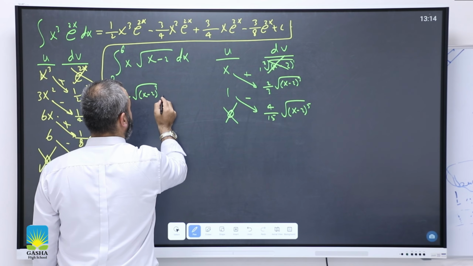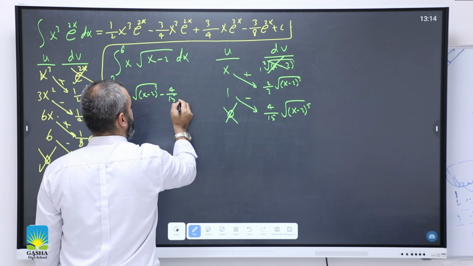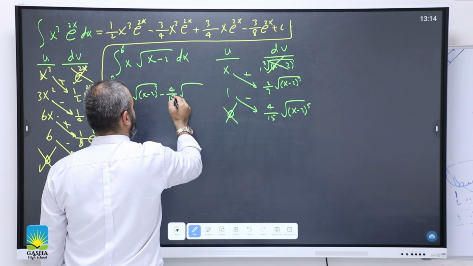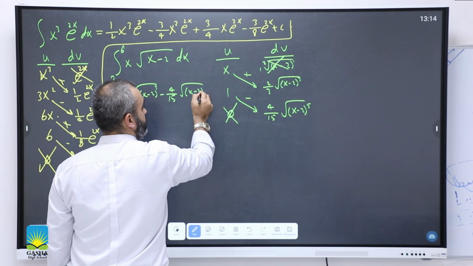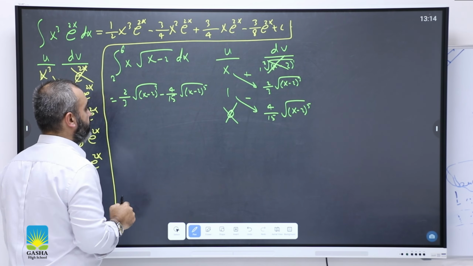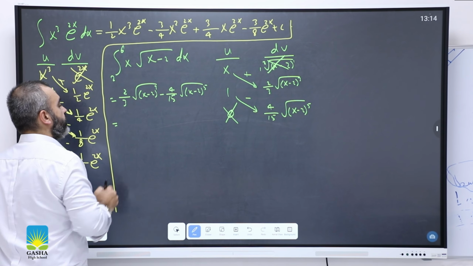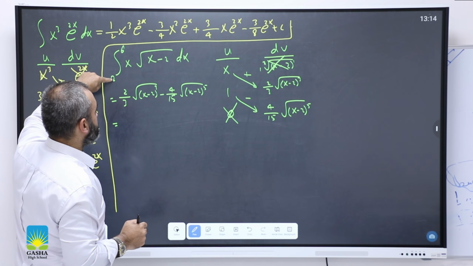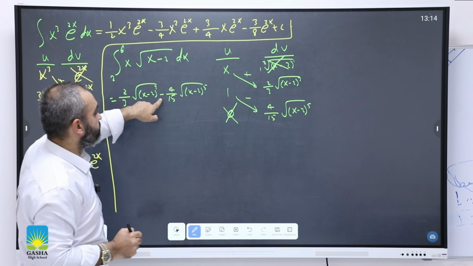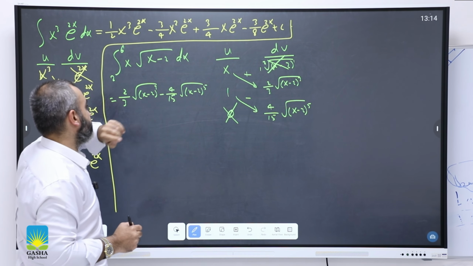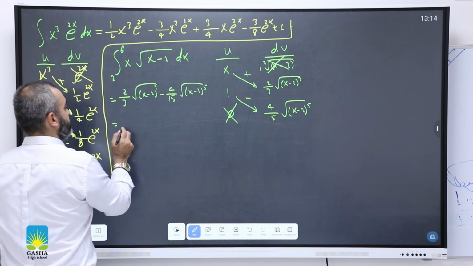And minus 4 over 15 square root of x minus 2 to the power 5. And we replace 6 here and 2 here. We don't substitute 2. Why? Because 2 minus 2 is 0. Here, also 0.